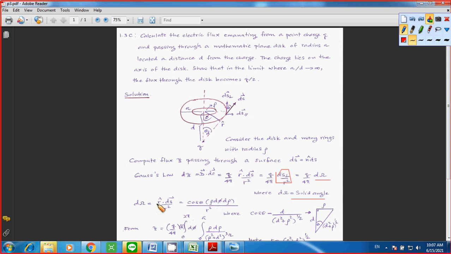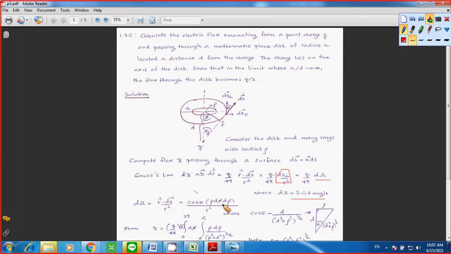And from the definition, when you dot two vectors, that becomes the magnitude of r multiplied by the magnitude of your dS, and then cosine theta. So that's why you have cosine theta right here. The magnitude of the r vector, unit vector, of course, is 1.